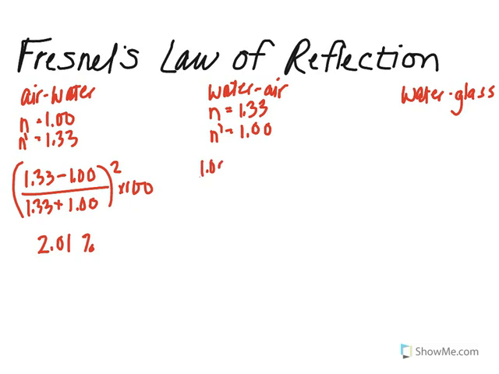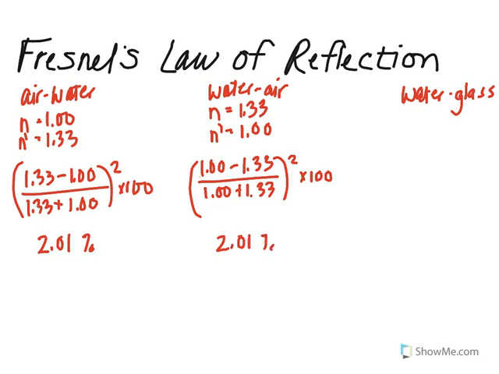So this time we say 1.0 minus 1.33 over 1.0 plus 1.33, squared, and times 100, and you end up with the exact same percentage. So this is showing you that it doesn't matter which is n and which is n prime, that the amount reflected at that interface is going to be the same amount. It doesn't matter which direction the light is traveling.